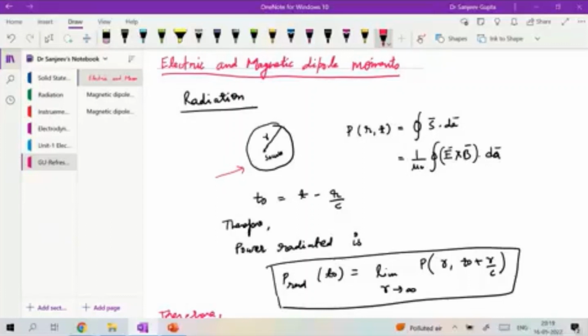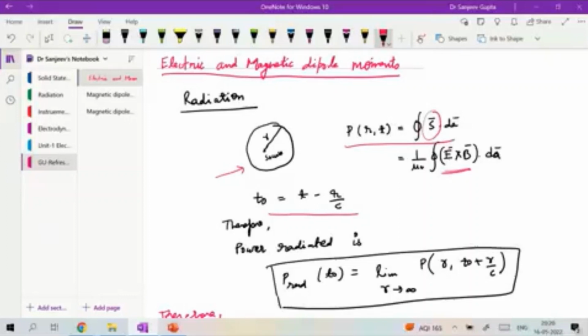The power passing through a surface is the integral of the Poynting vector, P(r,t) equals the closed integral of S dot dA, where S is E cross B. Electromagnetic waves travel at the speed of light, so this energy left the source at an earlier time, t minus r by c.